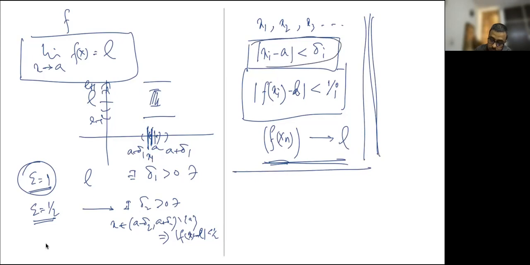Looking at that, you can see that the xi's also seem to be getting close to a. Whether they're going to a, that we do not know entirely because we don't know what the deltas are, but this observation is fine nevertheless. So now what we'll do is use this observation.